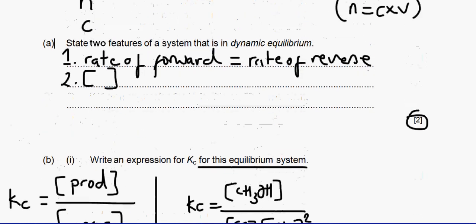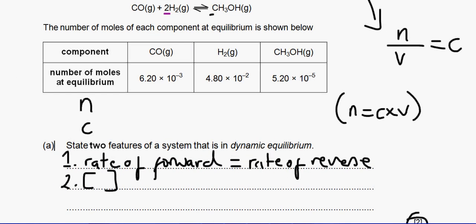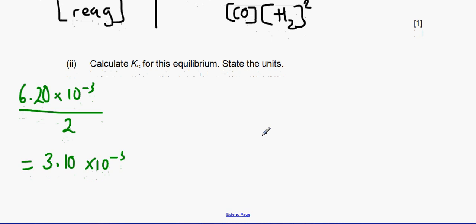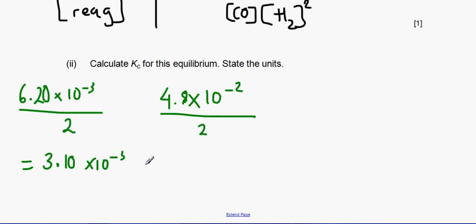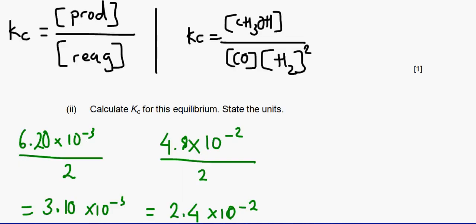Now let's do it for the other two. We've got H2 there, so it would be 4.8 times 10 to the minus 2 divided by 2 to give us 2.4 times 10 to the minus 2 moles per decimeter cubed.